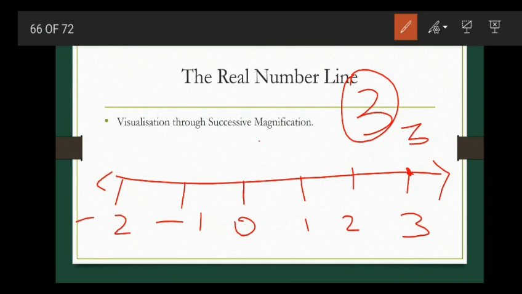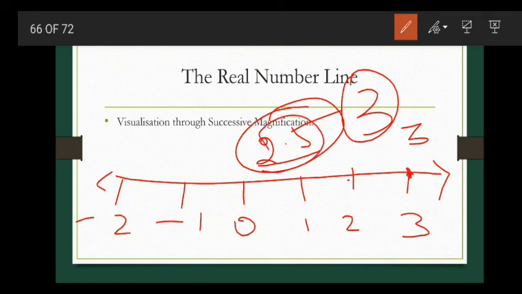Suppose we want to represent 2.5 on a number line. We have a real number line like this, and we have to see where 2.5 lies. 2.5 is greater than 2 as well as less than 3, right? So 2.5 will lie between 2 and 3. We have to magnify this space, which is equally spaced.